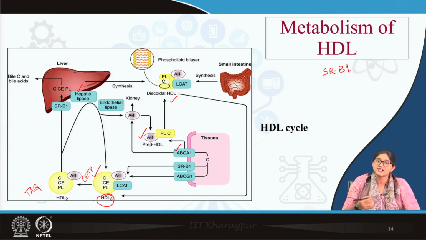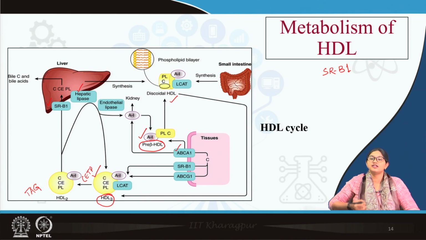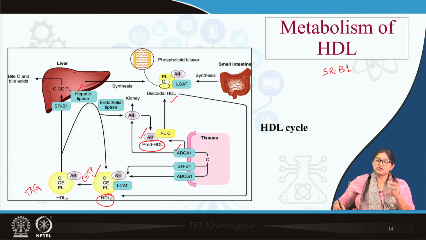So finally, after depletion of triacylglycerol and cholesterol, there is reformation of the pre-beta HDL, which, remember, does not have any triacylglycerol or has only a very meager amount of cholesterol ester. So this pre-beta HDL is once again formed for the cycle.